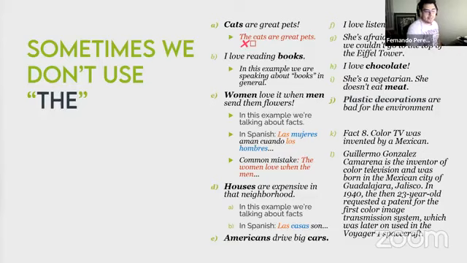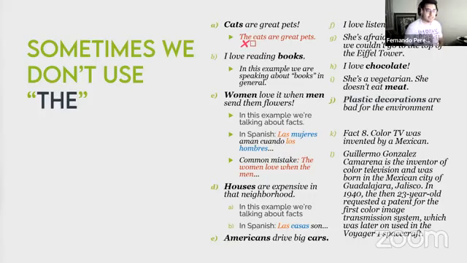Let's go to the next one. Americans drive big cars. Also, with nationalities we need to take care with our article. You don't say the American people, we only say American people, especially when you're talking about generals. I love listening to music. She's afraid of heights. I love chocolate. She doesn't eat meat.